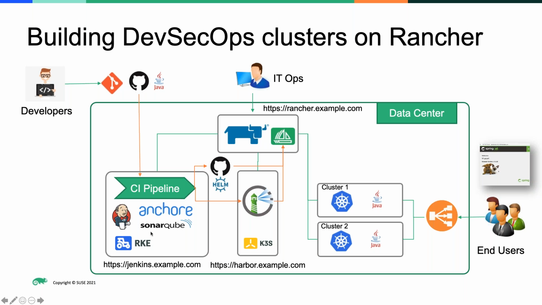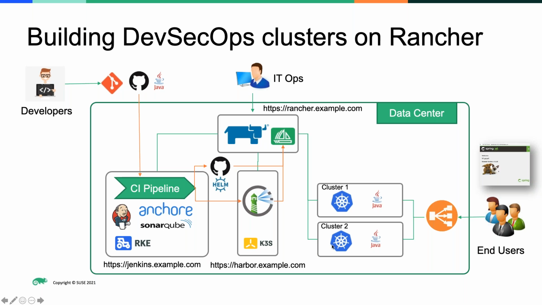It runs certain tools here to build the pipeline. One of the key things that we run is Jenkins, together with a few Jenkins plugins to make the CI pipeline do its work, like scanning the images, code quality checking, and so on. And we also have another independent cluster just to store the container images. So you can see that this is the Harbor that we deployed.